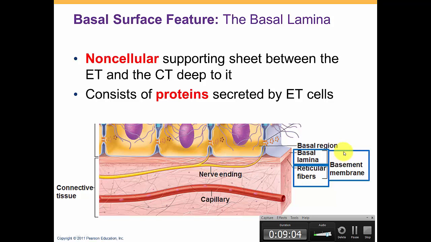So the basement membrane is actually made of both of them. Some people do not make a big distinction between basal lamina and basement membrane, and I would not make a big deal out of that. So just know that the basement membrane or basal lamina is related to the basal surface of the epithelium.